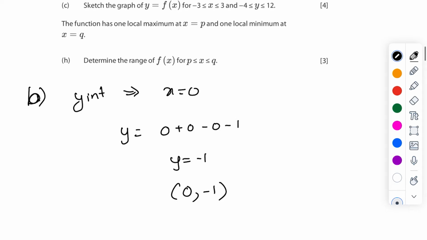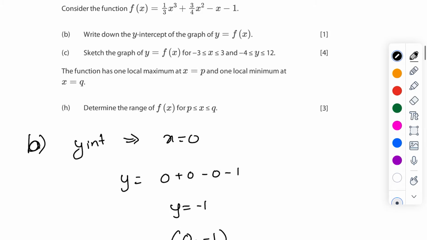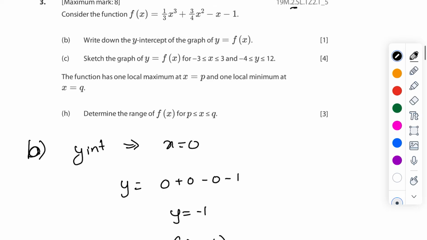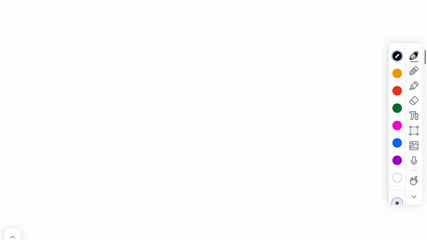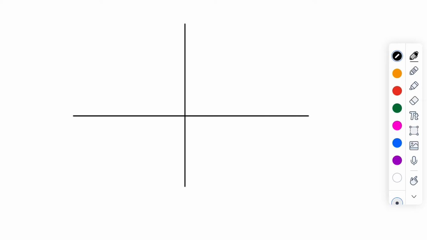Sketch the graph for f of x between negative 3 to 3 and the y values given. And it is a paper 2 question, so graphing calculator is allowed. When you use the graphing calculator, I am showing the approximate shape. You may get it in this way. This is 3 and this is negative 3.